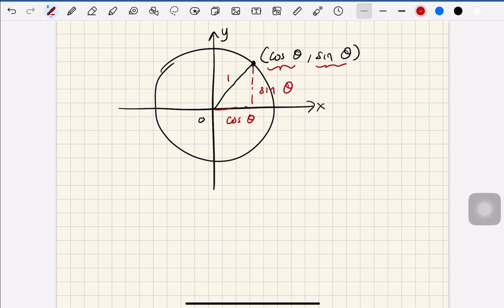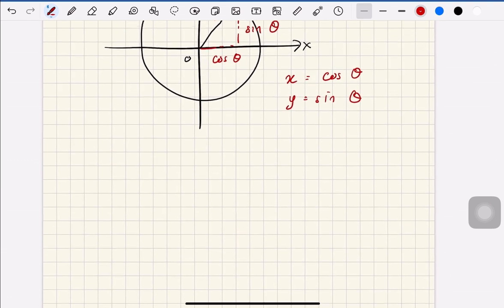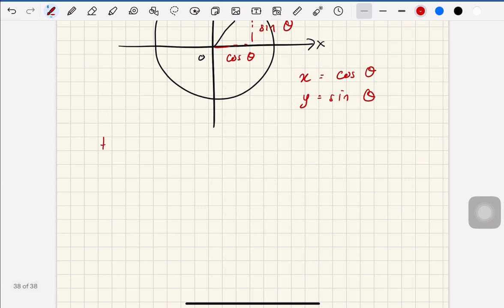So we can say that x equals cos theta, y equals sine theta. Agree? Now according to the Pythagoras theorem, which you already learned in lower form, a squared plus b squared is equivalent to c squared, where c is the hypotenuse.